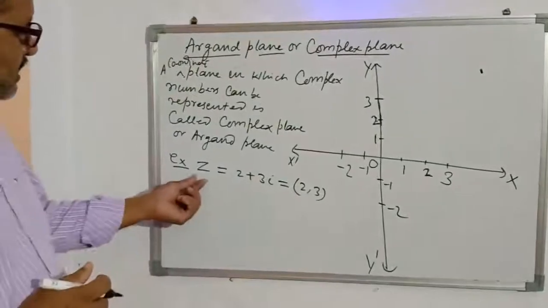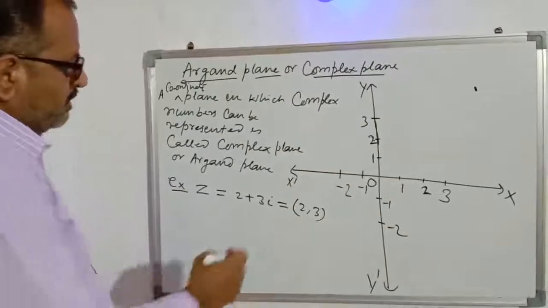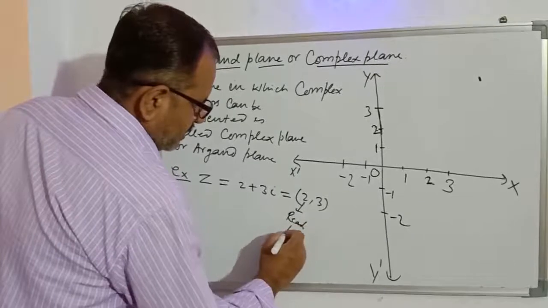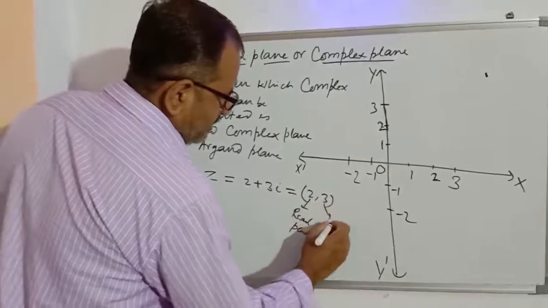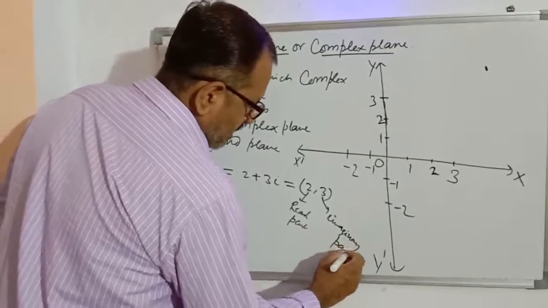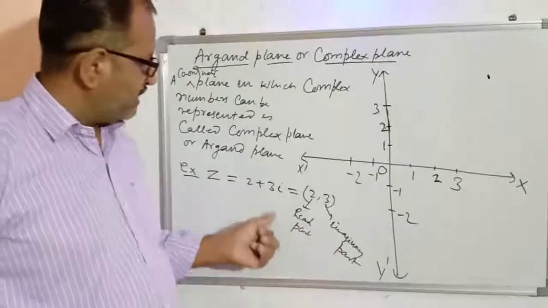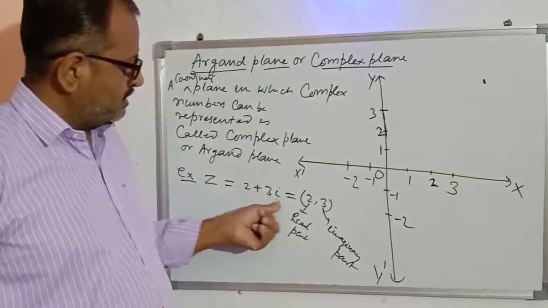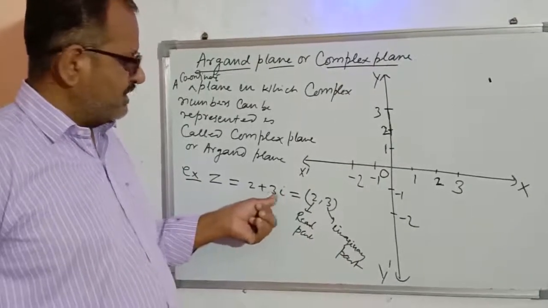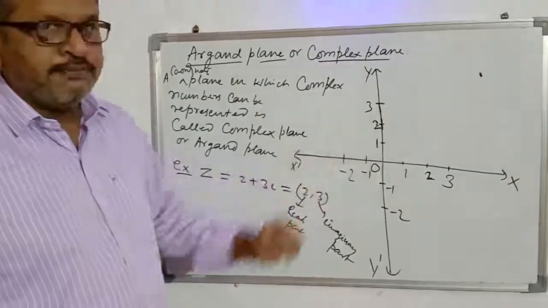Every complex number can be written as an ordered pair (2, 3), where 2 is the real part and this is the imaginary part. Both are real numbers, but the first component represents the real part, the second component 3 is the imaginary part because i is associated with 3. So how can we represent 2 plus 3i in the plane?